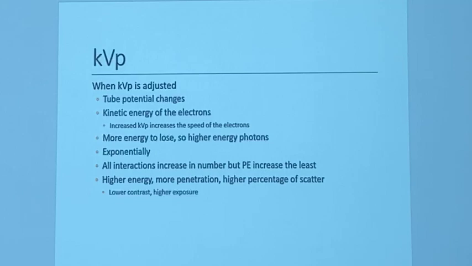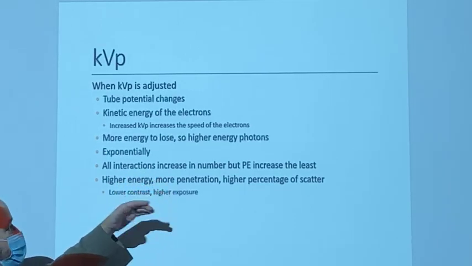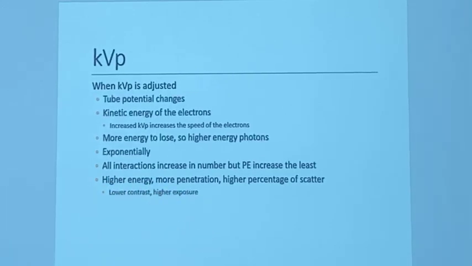So it's an exponential relationship to numbers. All interactions increase in numbers, but PE increases the least, and I think I just said that exactly backwards a minute ago. So as KVP increases, because we get such an increase in X-ray photon numbers, we get an increase in numbers, but PE increases less than scatter radiation does.